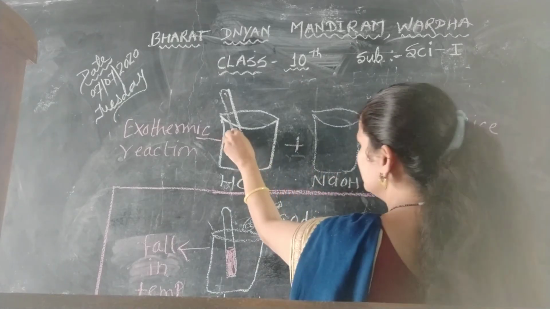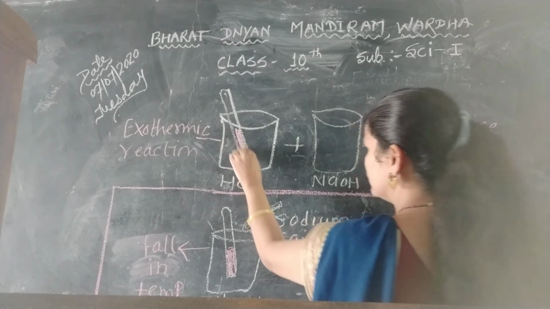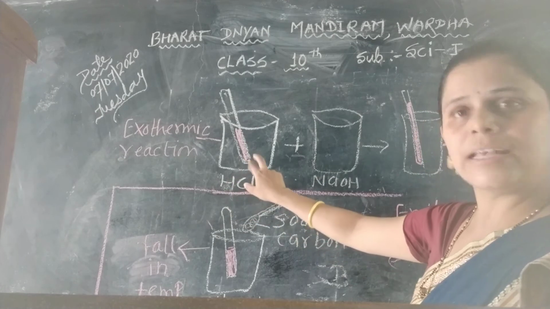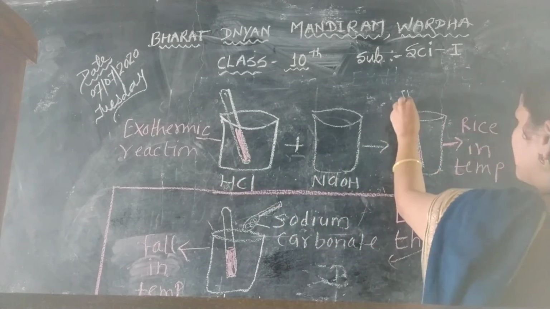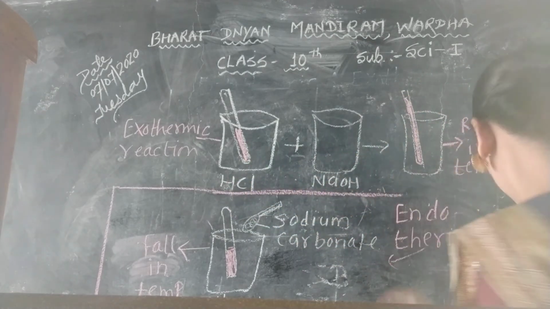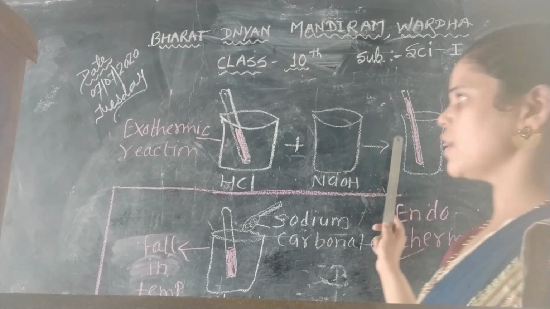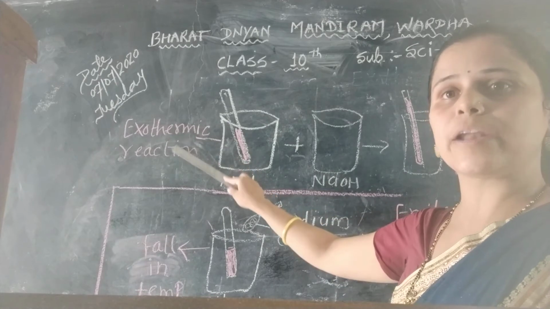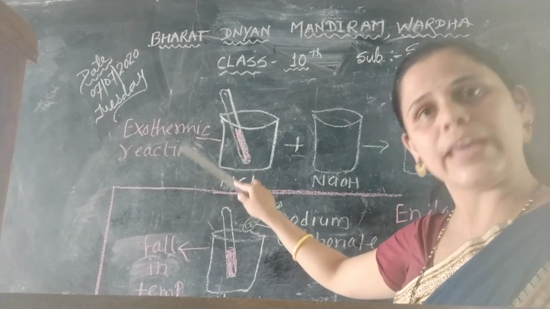First temperature, and after adding the NaOH to the HCl, the temperature rises. Understand? So if the temperature rises, this process is an exothermic reaction.